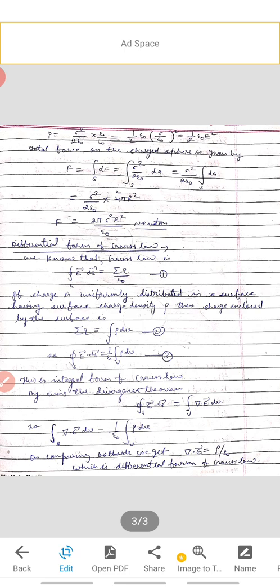If we put this value in the above equation, we get volume integral del dot E dV is equal to 1 upon epsilon naught volume integral rho dV. If we compare both sides, we get del dot E is equal to rho upon epsilon naught, which is the differential form of Gauss law.